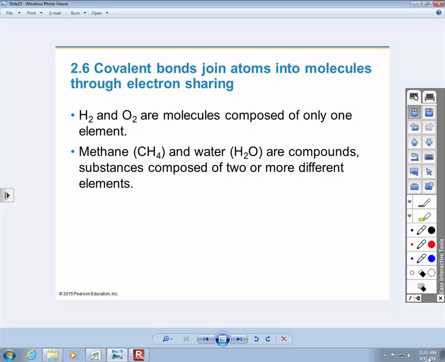So even if they are covalently bonded, it is referred to as a compound. Most people would not be too horribly disturbed if you did call those molecules because they are covalently bonded. Not a problem. But you do have 2 different elements, so you could also call that a compound, which per this book, it looks like they would prefer you call those compounds. But again, I don't think that's really going to be a problem for most people.